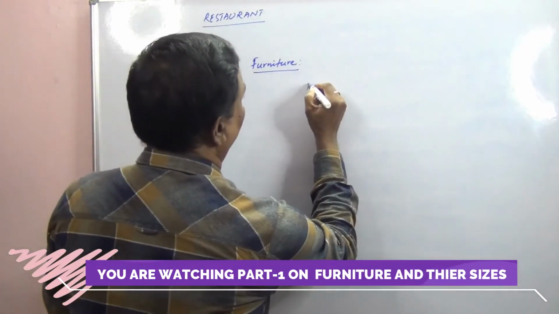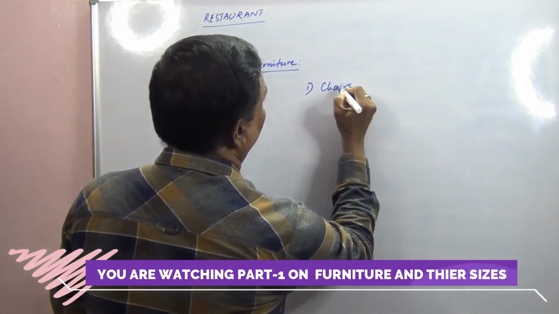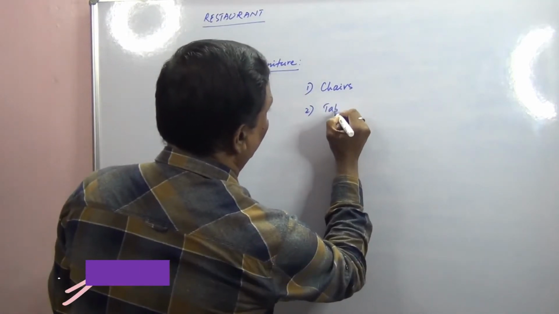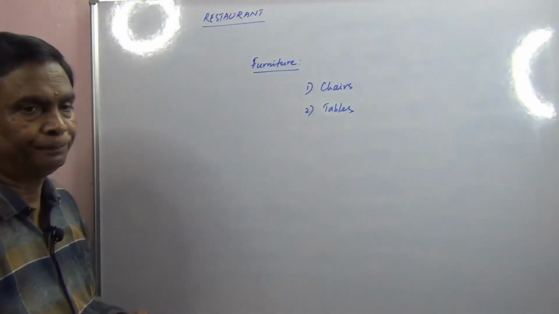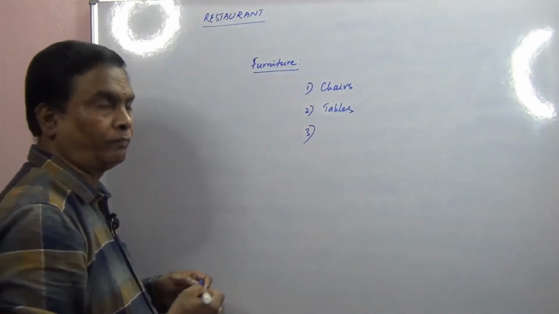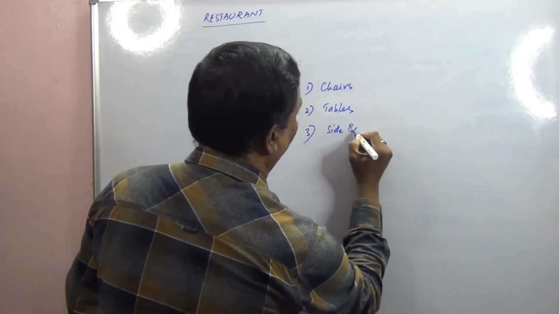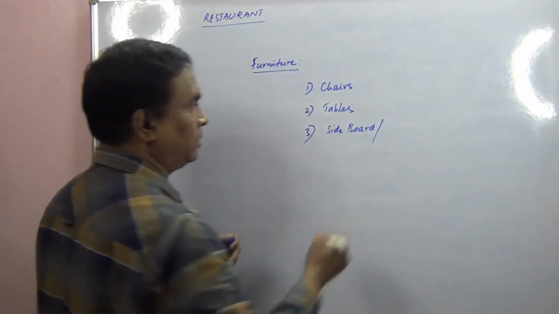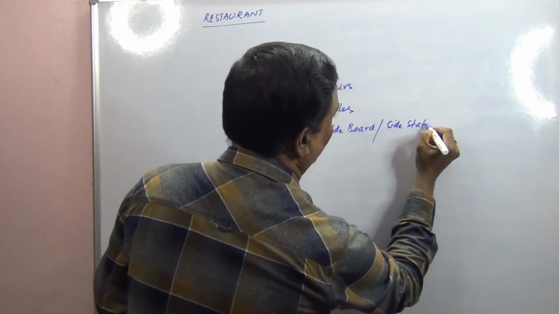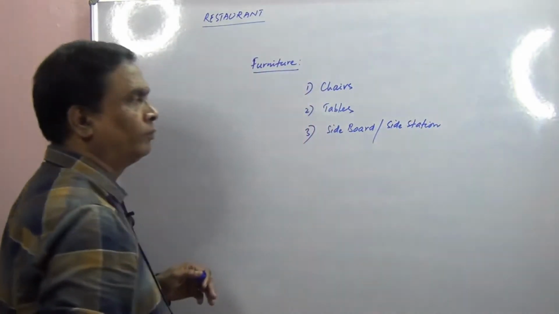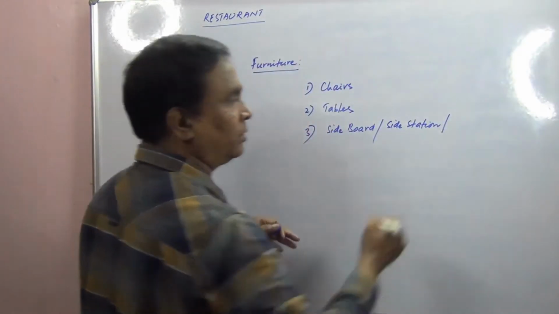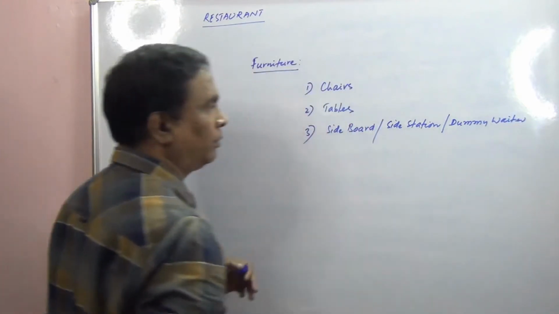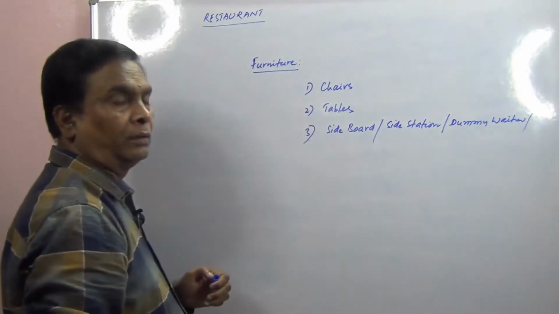We find chairs, tables, sideboard, also called as side station, and also called as dummy waiter, and we can also call it as service console.